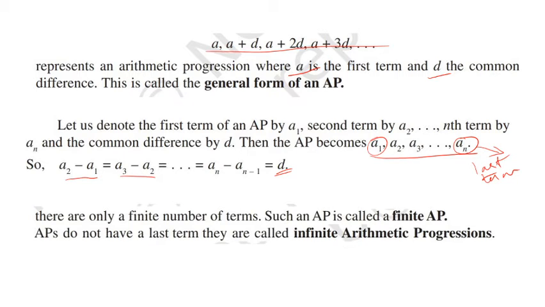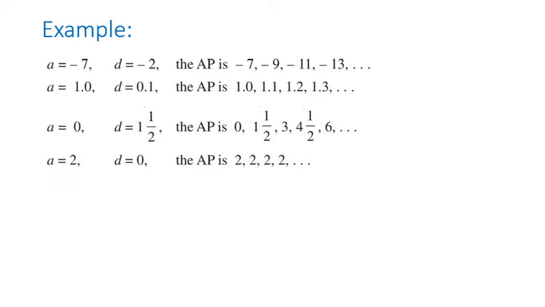So those arithmetic progressions which have a finite number of terms, meaning which have a last term, are called finite APs. And those arithmetic progressions which do not have a last term and which are continuously progressing are called infinite arithmetic progressions, right? Now let us see examples.